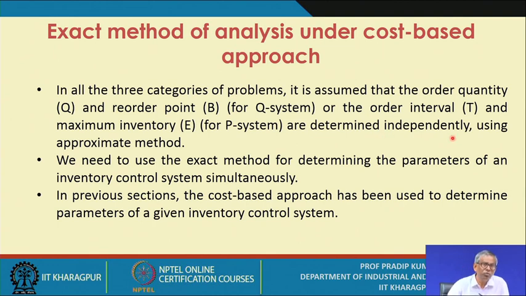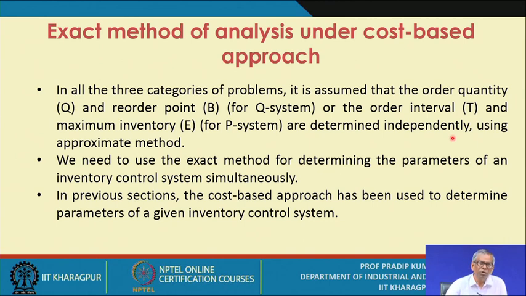We have referred to 4 specific numerical problems, and if you go through these numerical problems, you will find that we have been using the formula for determining Q, and another expression or formula for determining the reorder point as far as the Q system is concerned, and same approach we follow for the P systems of inventory control.